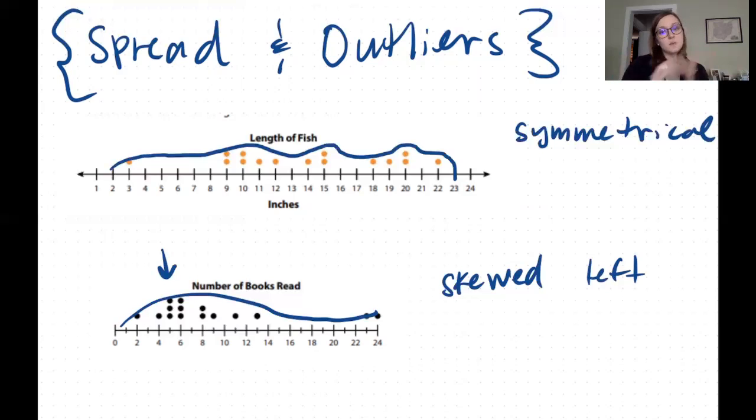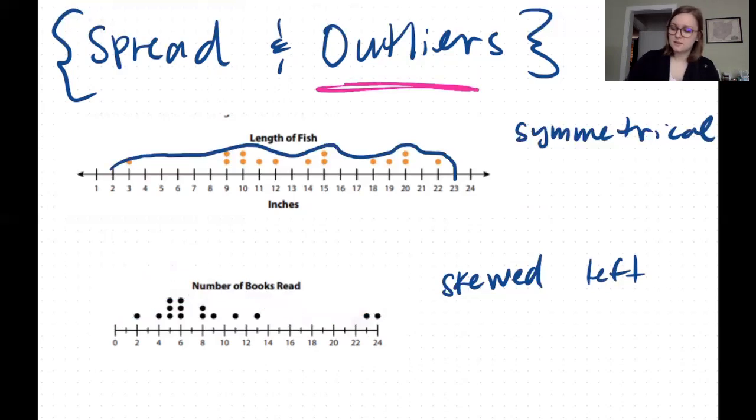Now, your data is pretty much going to be skewed anytime that you have what we call an outlier, okay? An outlier would be like 1 or 2 pieces of data that just seem way far away from everything else, right? So for example, when I'm taking a look at this one, I have a couple of outliers.